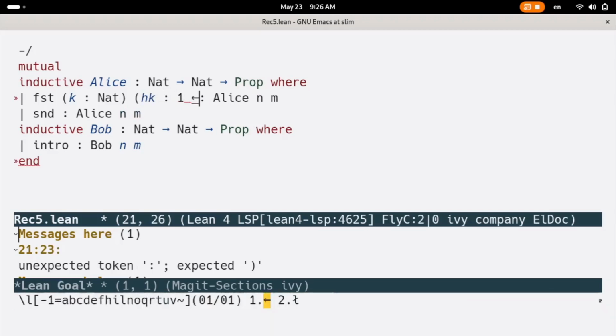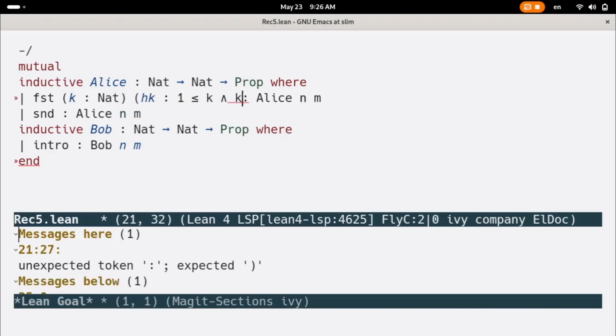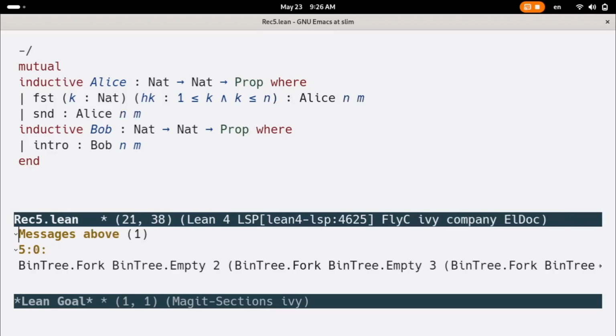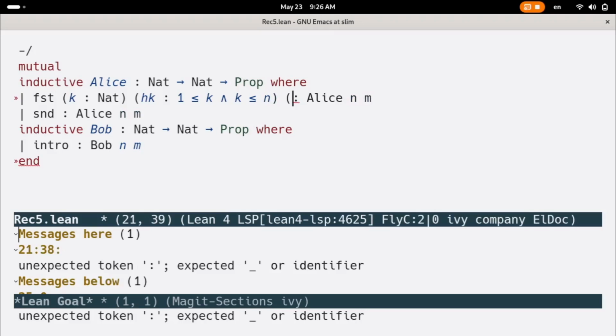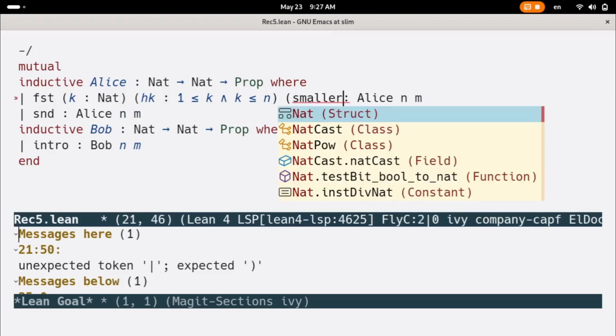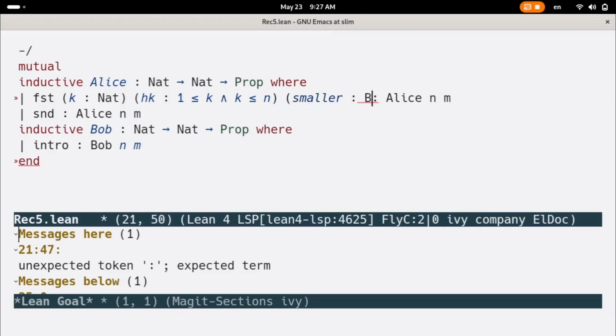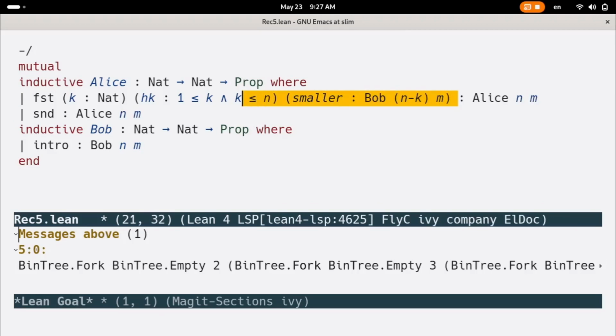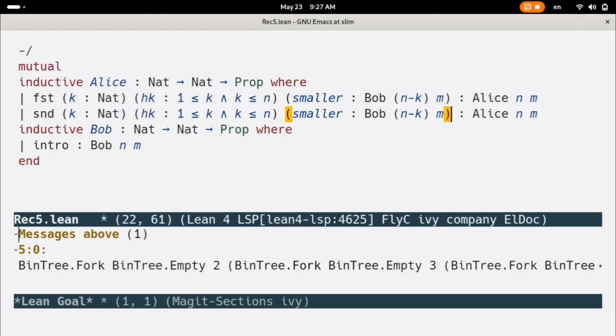So the first way for Alice to win is to pick a natural number k in between 1 and n, and then to show that Bob can win the game n minus k, m.